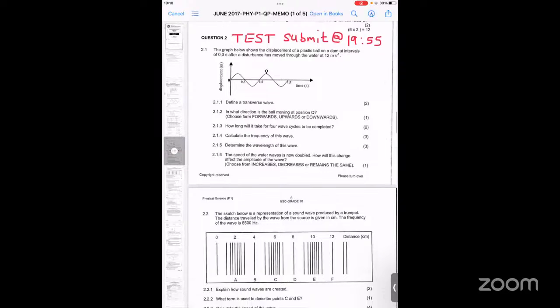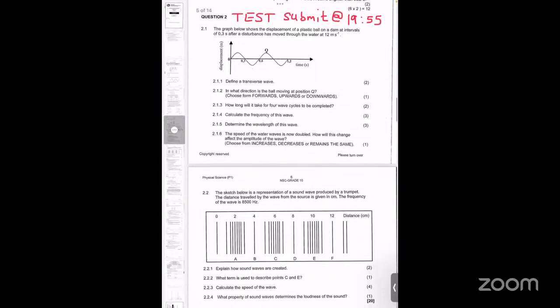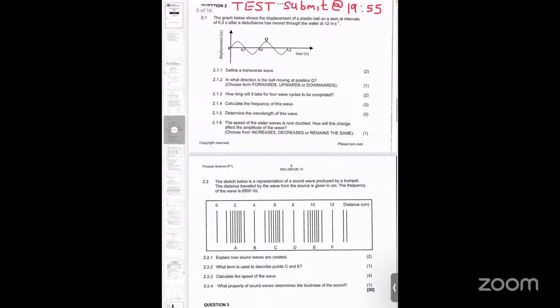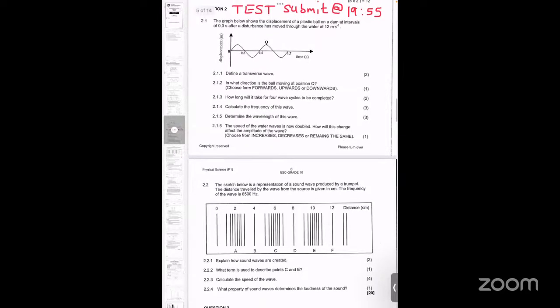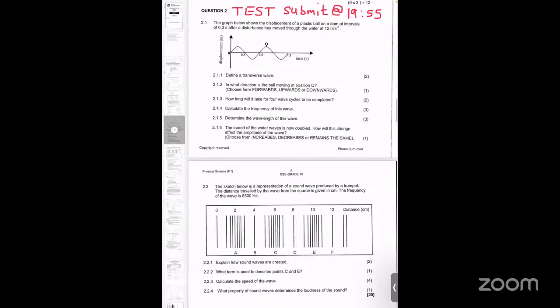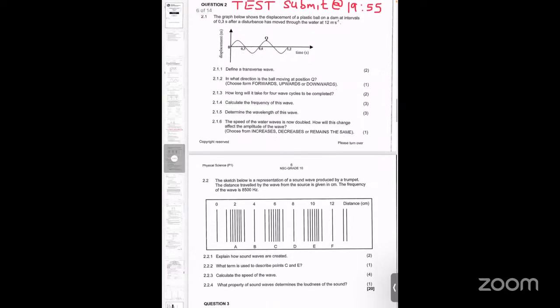Yes, I just did that for someone who will be joining a bit later. And please do take screenshots, just in case I'm disconnected or my screen disappears, so at least you've got the question and you will continue.